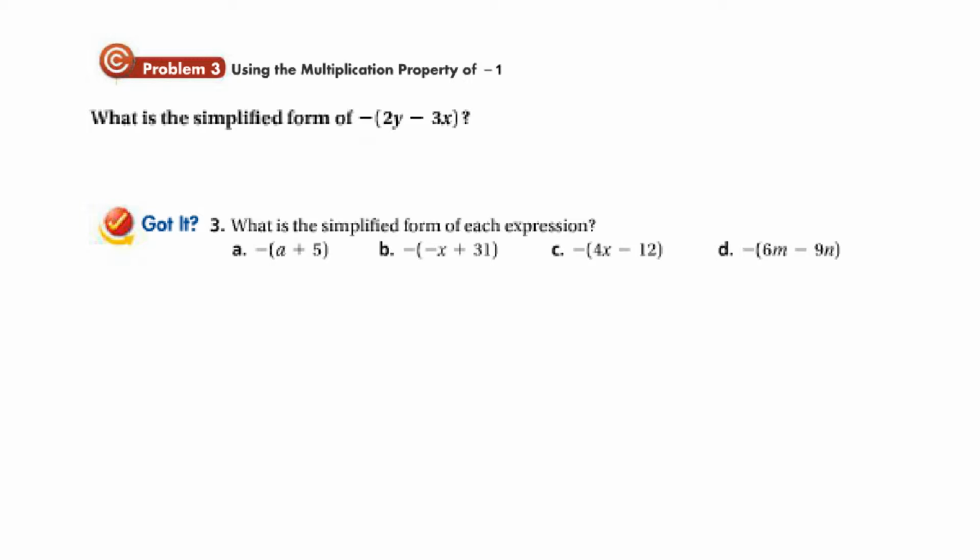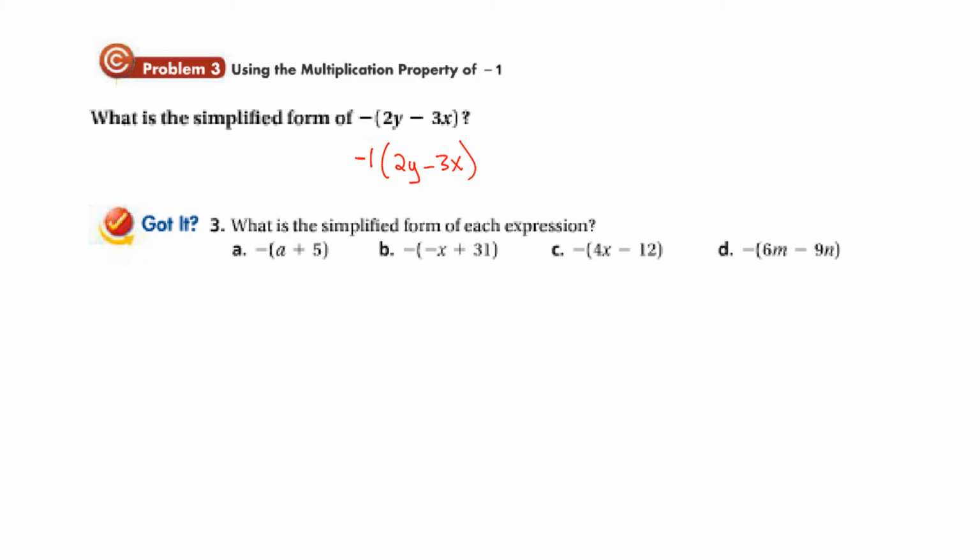Now we're looking at using the multiplication property of negative 1. If we see this problem, what is the simplified form of, and we have the negative sign, and then parentheses 2y minus 3x, that negative means negative 1 times 2y minus 3x. So what that means is I'm distributing the negative 1.